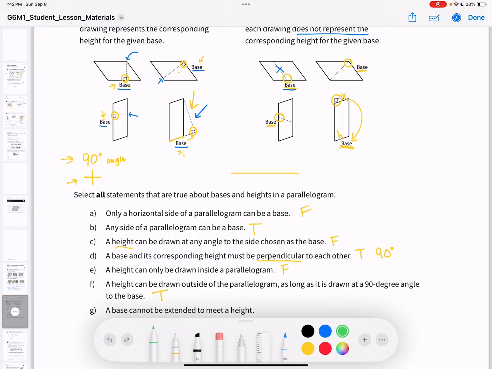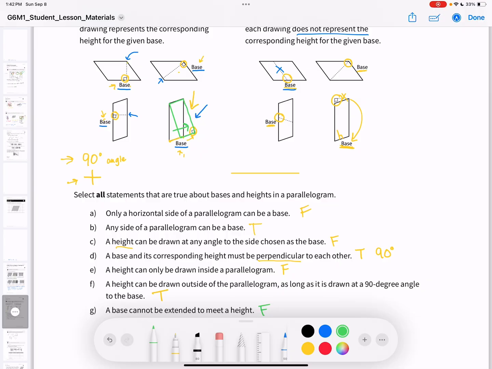Let me do that again. Like this. Like that, right? And then moving it over, decomposing and recomposing it into a rectangle. So yeah, the base can extend to meet the height, so that is false.